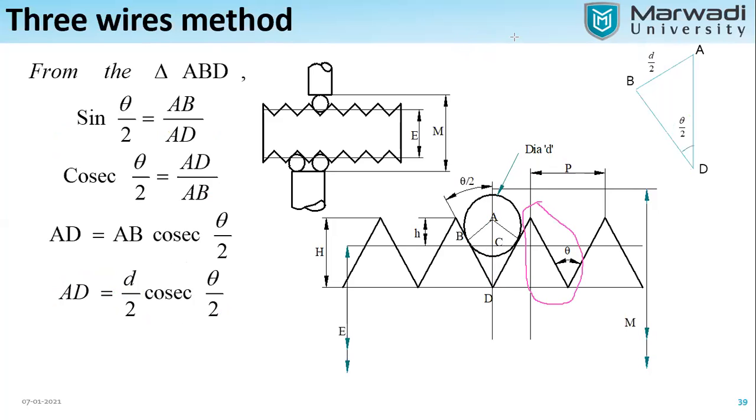Now how can we use it and what do we have to do here? Just see it. We have to consider this right angle triangle. And what happened here? You can see from the top point to this point, it will be considered as the depth of thread.